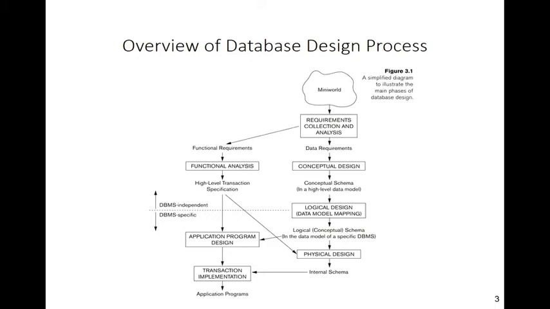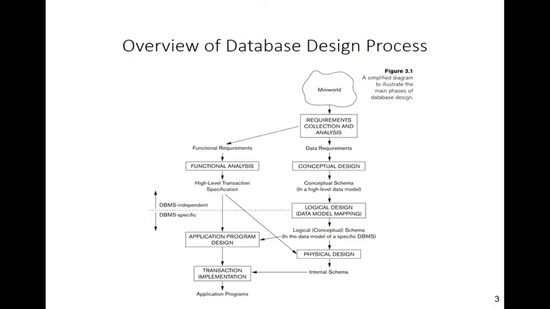So I said there is an extremely large number of companies that have multiple database management systems. And why do they have more than one? Because each one has specific features that you want to exploit in developing the applications.